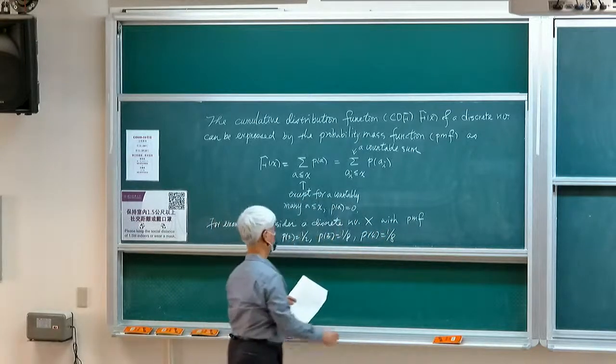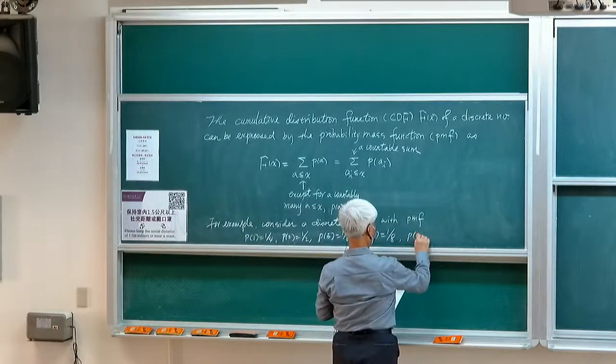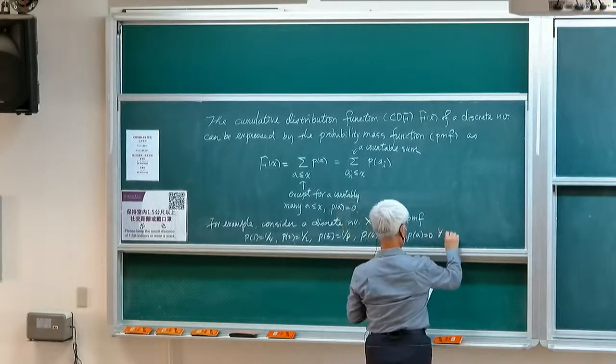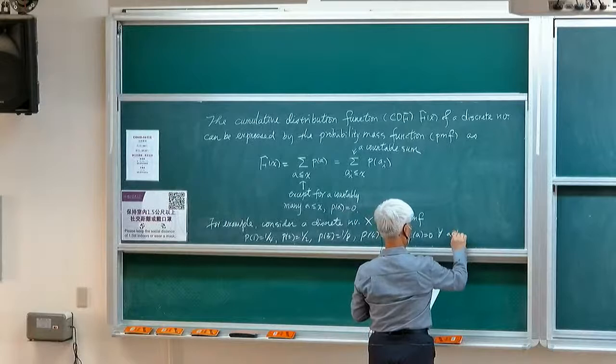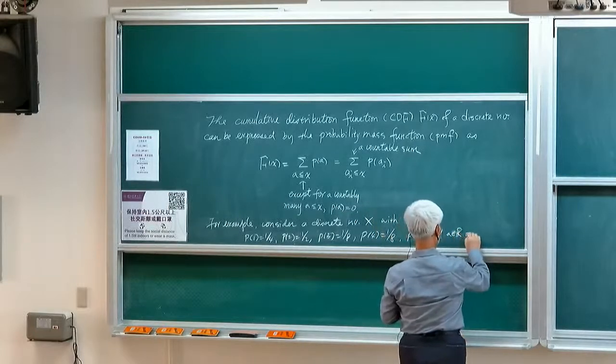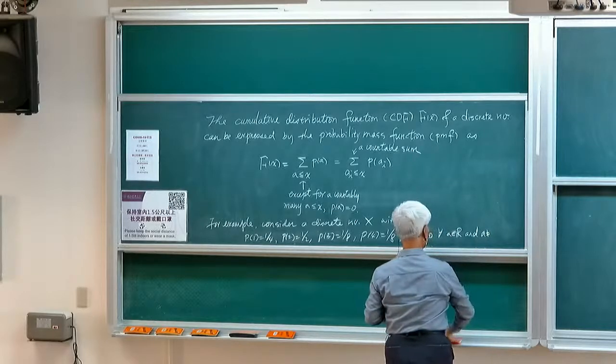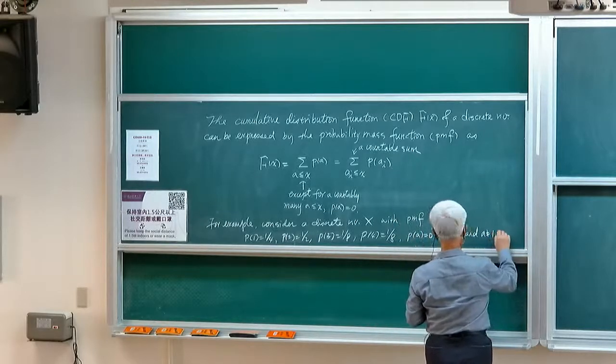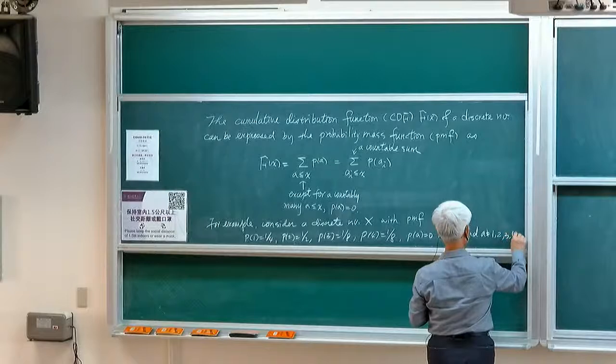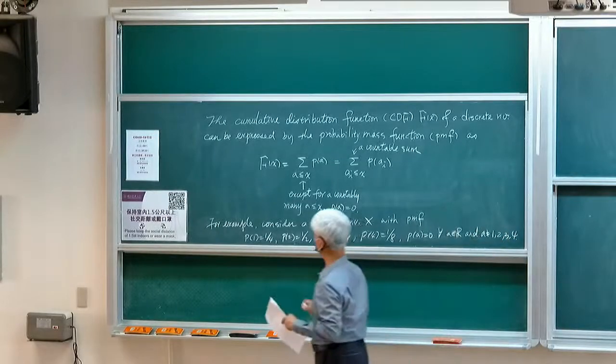And P(a) is 0 for all a in R with a not in {1, 2, 3, 4}.